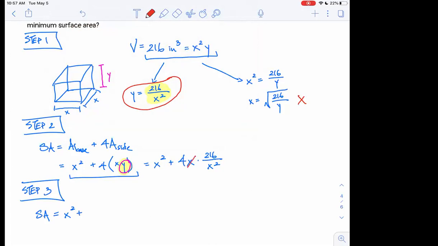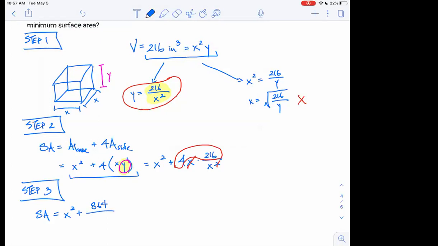So this x is really x over 1. So I can reduce it with one of the x's on the bottom. And then exactly, we can take the 4 and the 216 and multiply those. So 4 times 216 is 864. 864 is on the top.